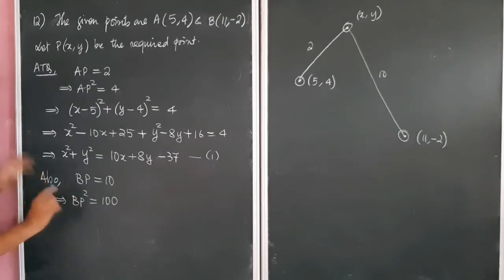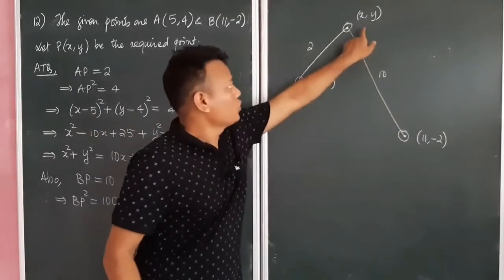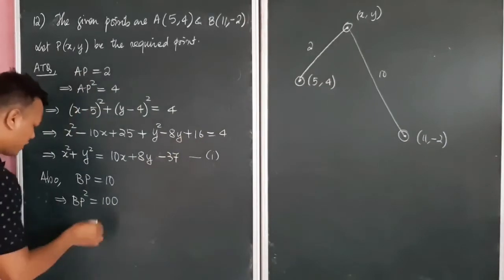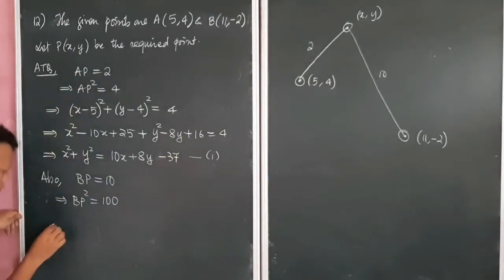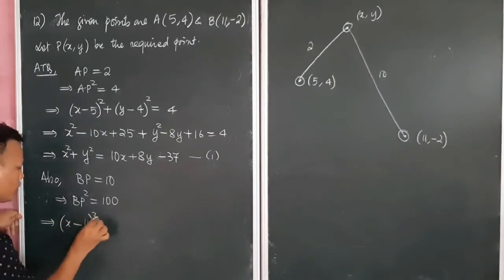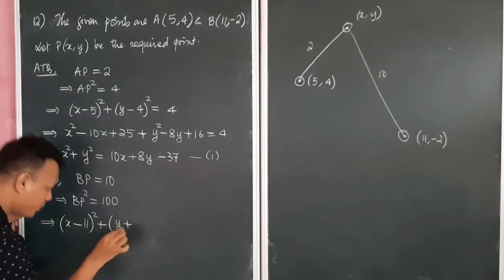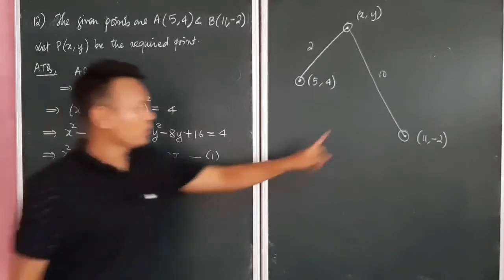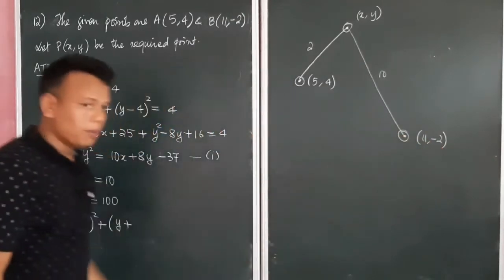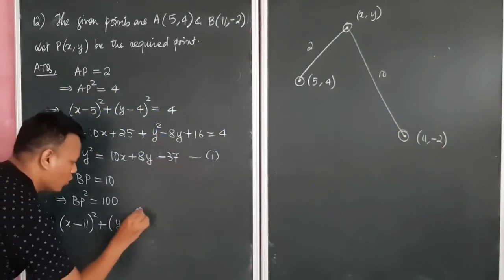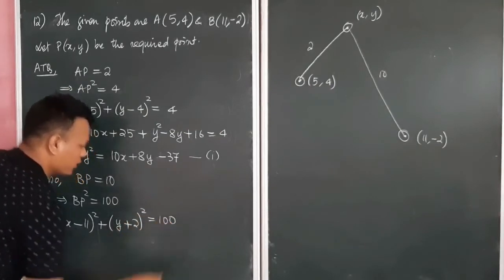Again consider x1 y1 and x2 y2 and apply the same rule here. So we have x minus 11 whole square plus y plus, this time it has to be plus, since minus of minus 2 becomes plus, so plus 2 whole square is equal to 100.